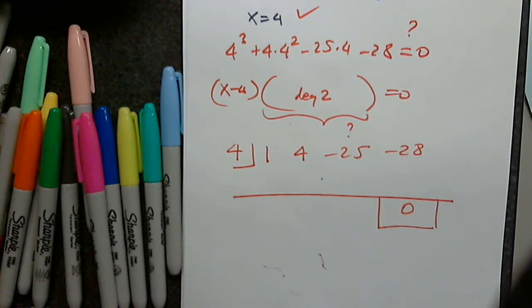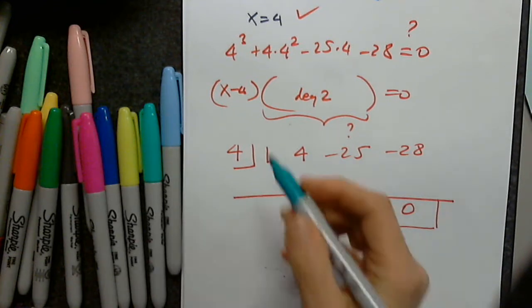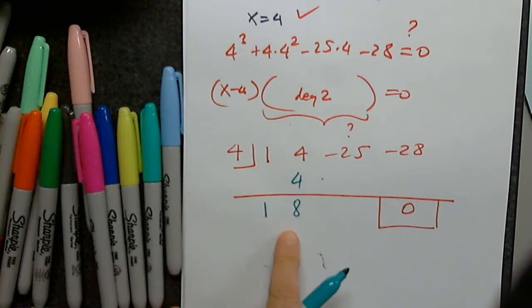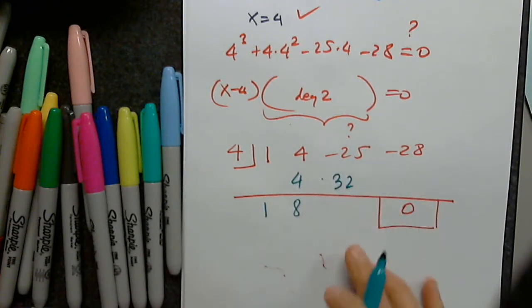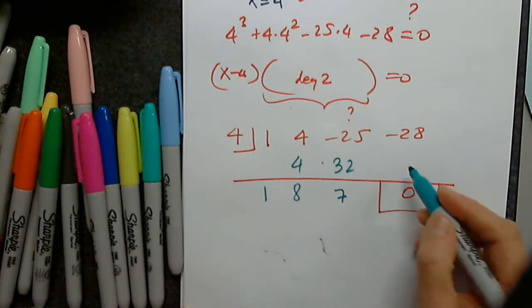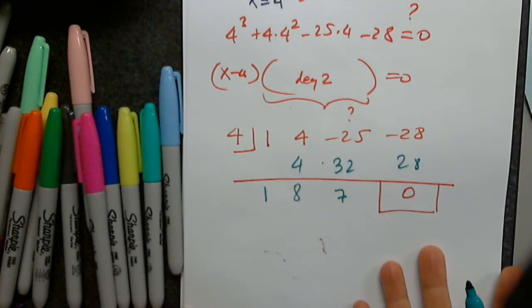Absolutely, we know that, because x equals 4 is a solution. So I copy 1, and then this is 4. 4 plus 4 is 8. 4 times 8, 32. 32 minus 25 is 7. 4 times 7, 28, and as expected, 0.